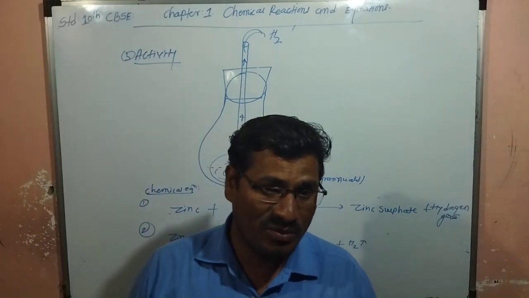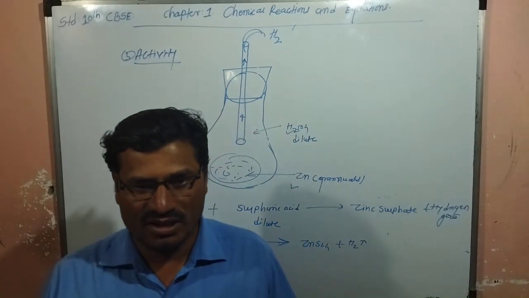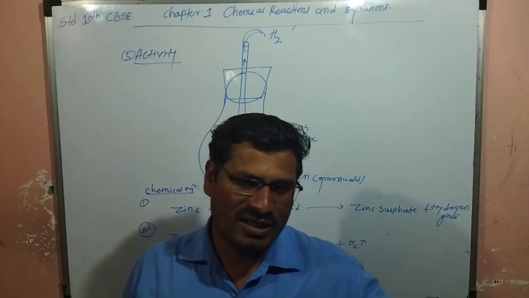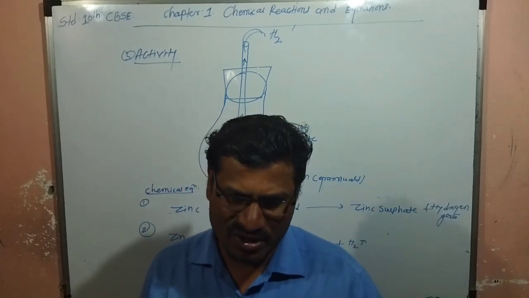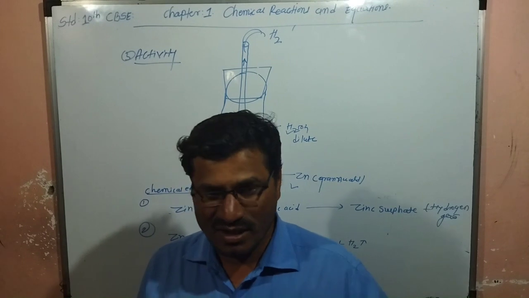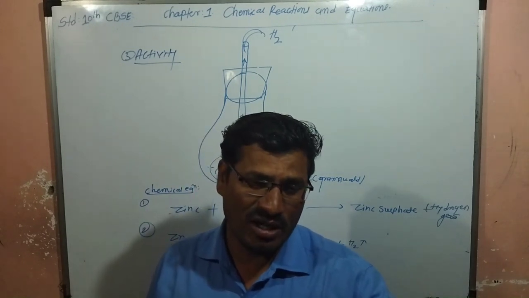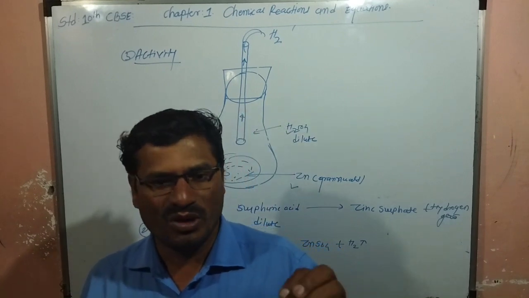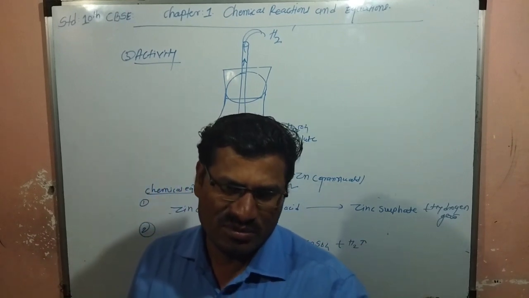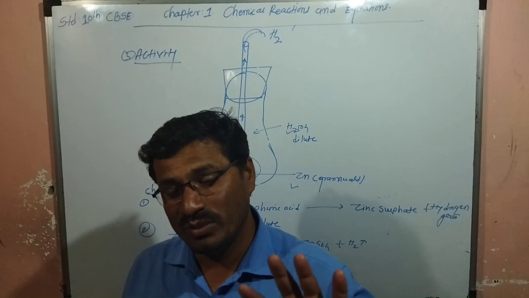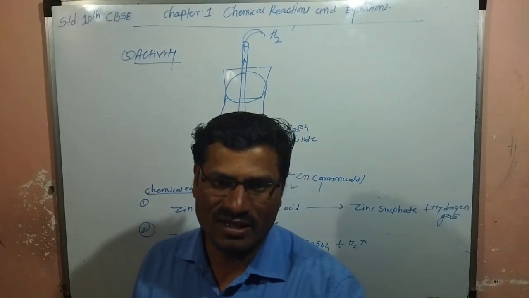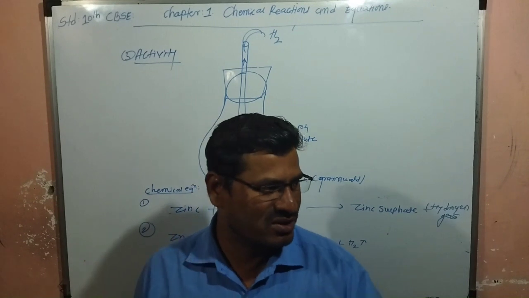From three activities you will understand reactants are getting converted into products, so some chemical changes take place. And how will you identify how a chemical reaction takes place? For that some points are there. With the help of those points you can identify whether a chemical reaction takes place or not.